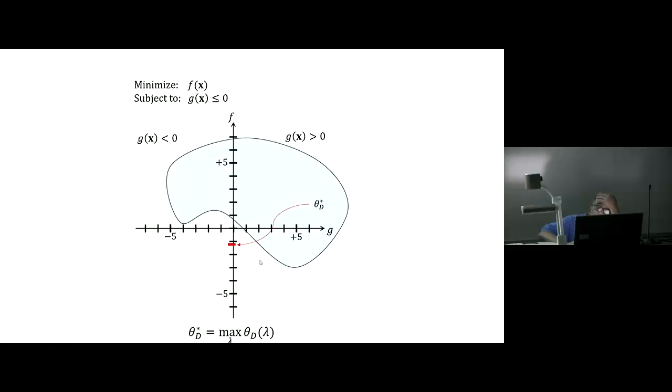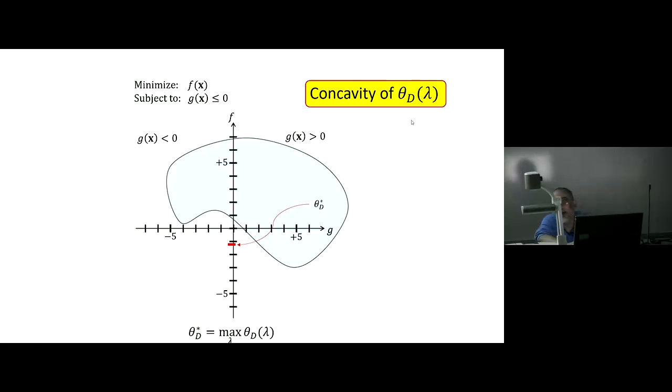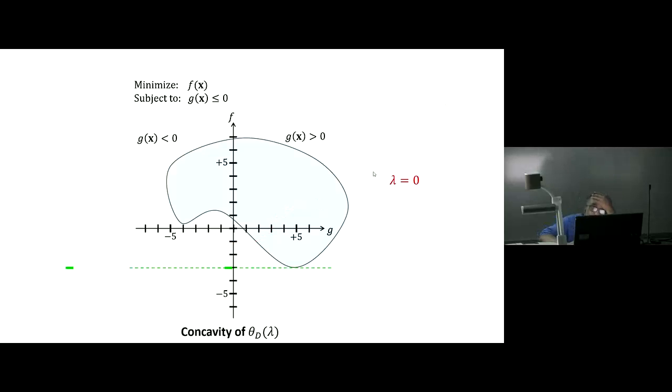Okay, now before we move on to duality gap, one little thing, concavity of theta d lambda. You might have observed, as we were reducing lambda, it first went up and then went down. So let's start the opposite way. We'll start with the lowest possible value of lambda, which is lambda equals 0.